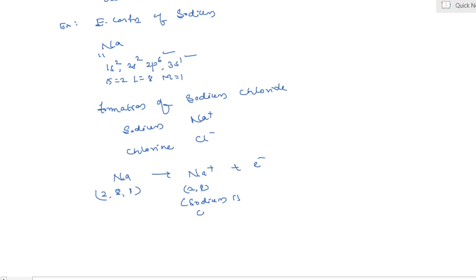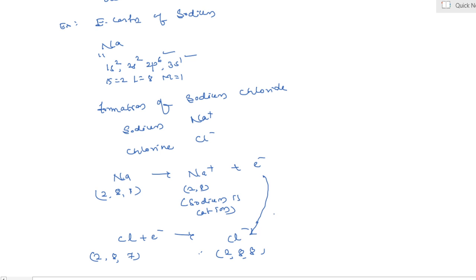In the same way Cl plus e minus, 2 8 7, becomes Cl minus, 2 8 8, when it gains 1 electron from sodium. 7 plus 1 is equal to 8.